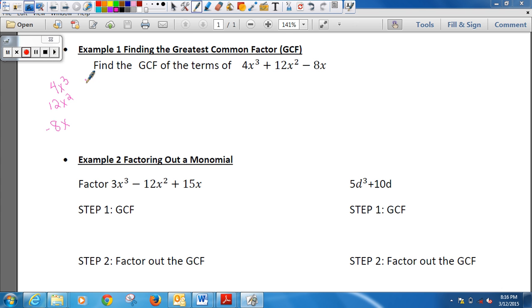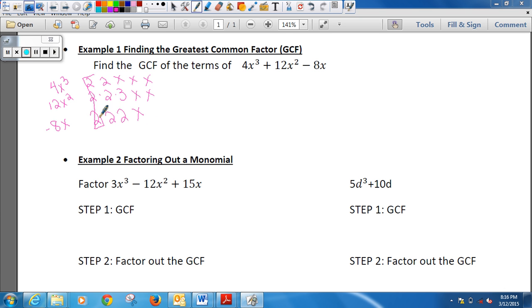So I can rewrite 4x cubed as 2 times 2 times x times x times x. I can rewrite 12x squared as 2 times 2 times 3 times x times x. And 8x can be 2 times 2 times 2 times x. Then I see what they have in common.